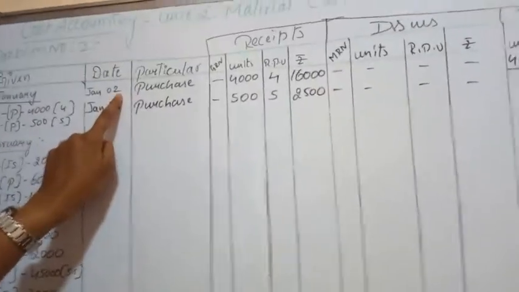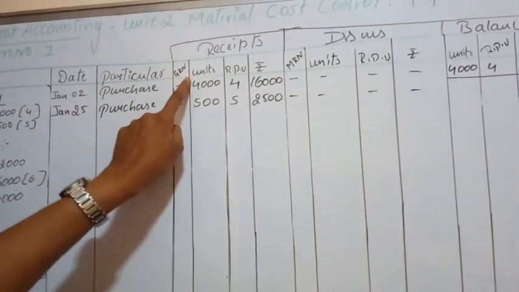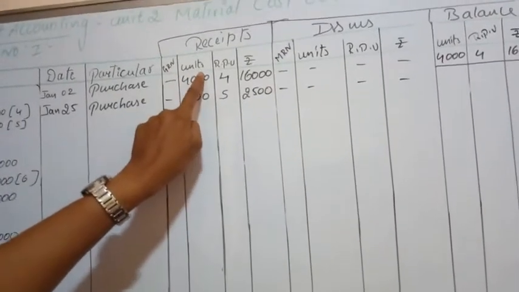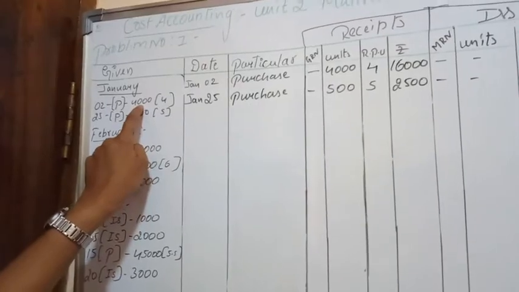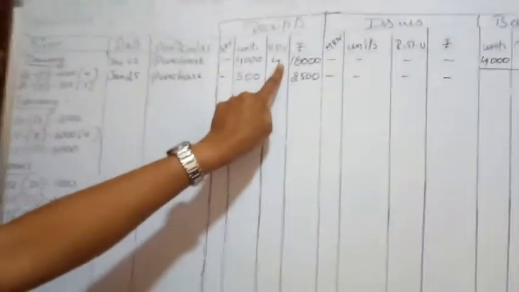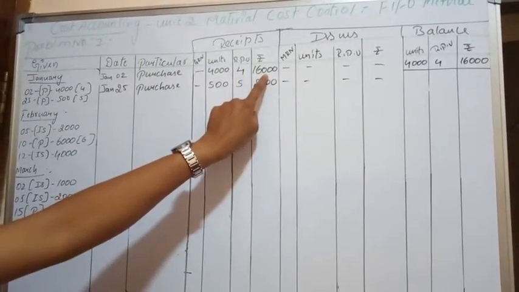Jan 2nd in the date column, and in the particular column, purchase. GRN number, since they have not given it in the question, I am showing it as nil. In the units column, 4,000 units of material were purchased, so I have recorded 4,000. Rate per unit is 4, so 4,000 into 4 is 16,000.